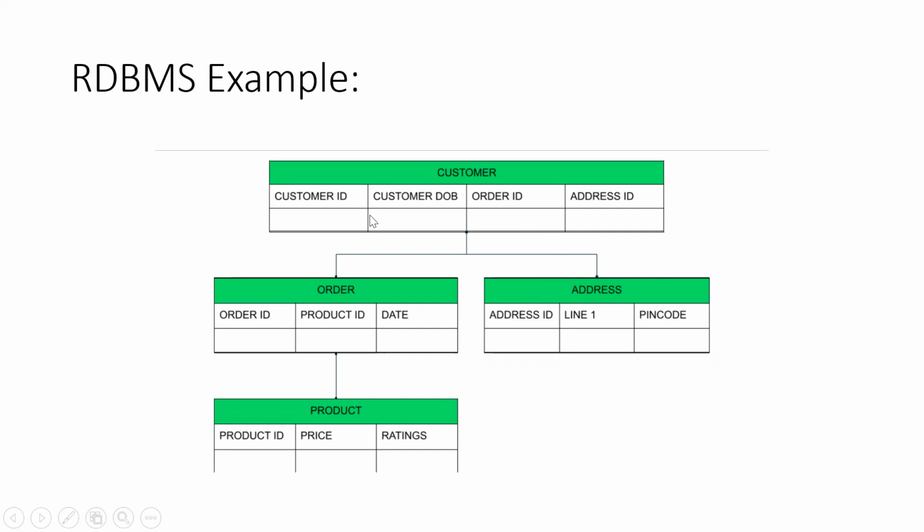Similarly, if I want to check which product that customer bought on a particular date, I can have a relationship on top of order ID. Then between the order and product tables, we can have a relationship between product ID and product ID.